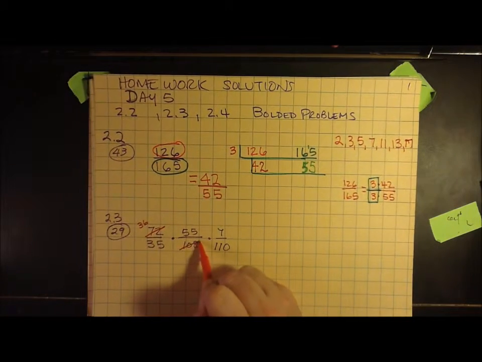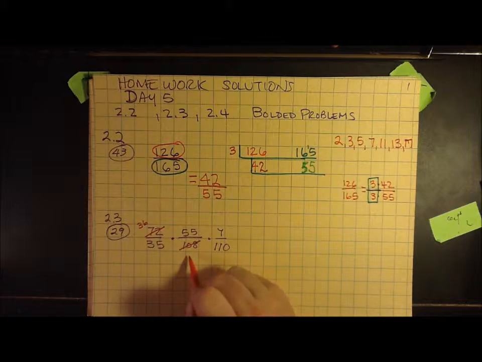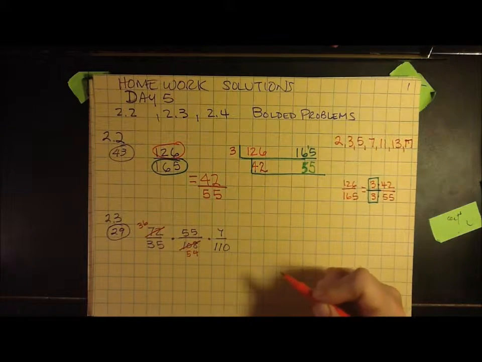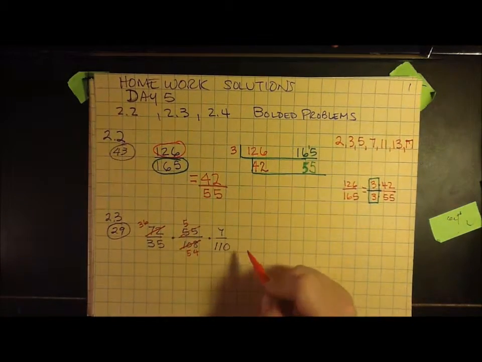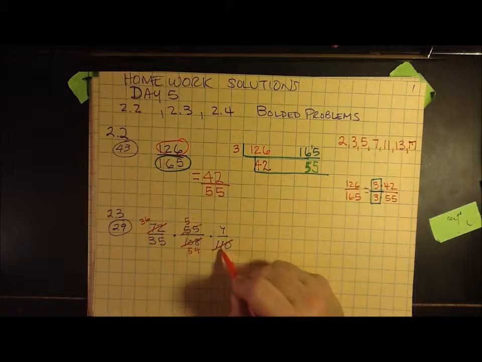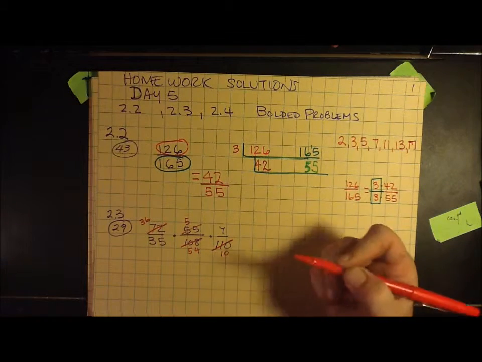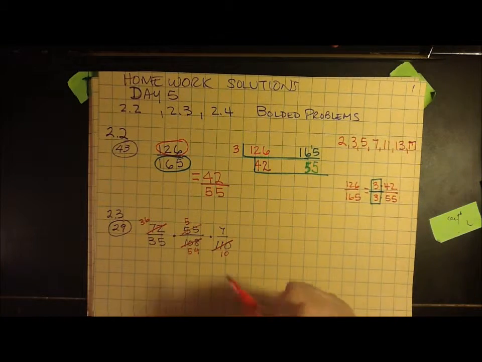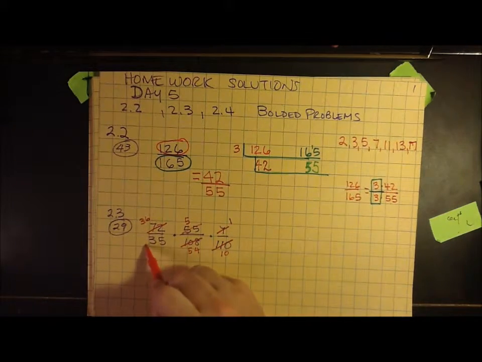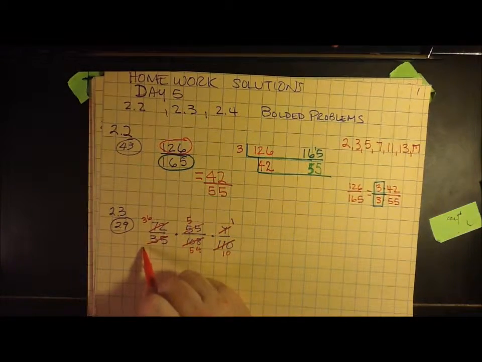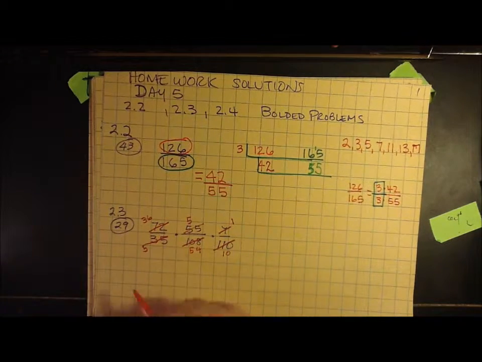I could divide this by 2, and that would leave me with 54. I could divide this by 11, and that would leave me 5. And I could divide this by 11, and that would leave me 10. Not done yet. I can divide this by 7 and leave 1, and this by 7 and leave 5.